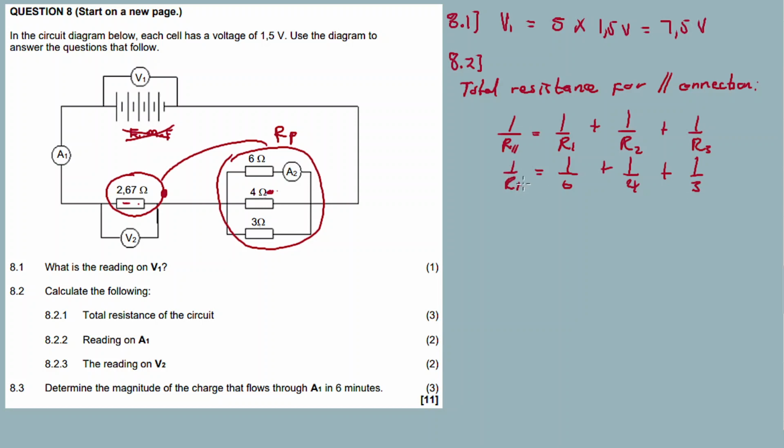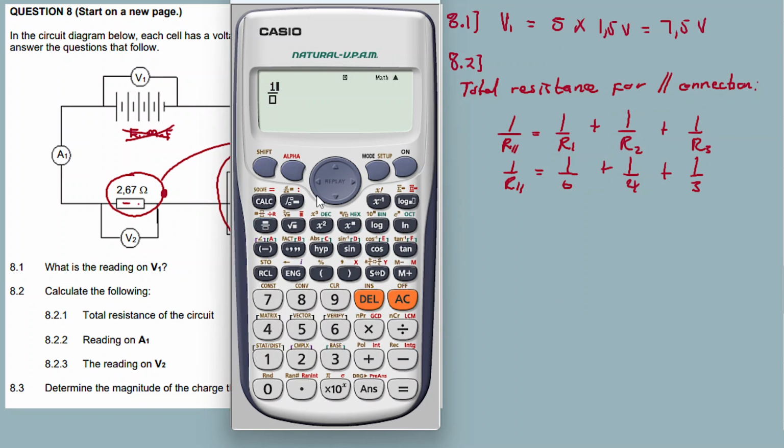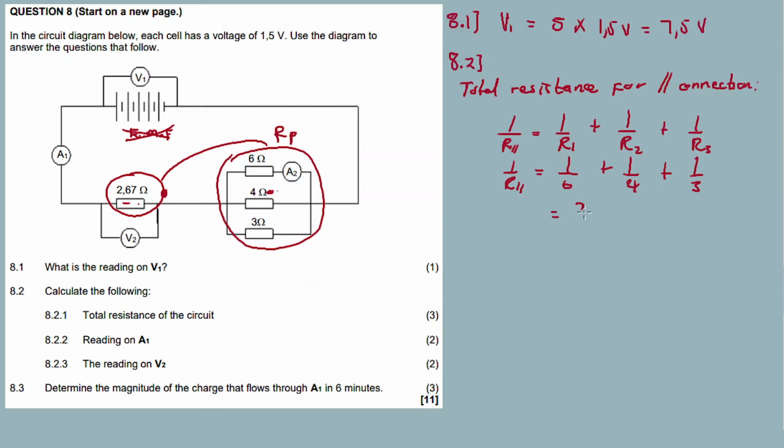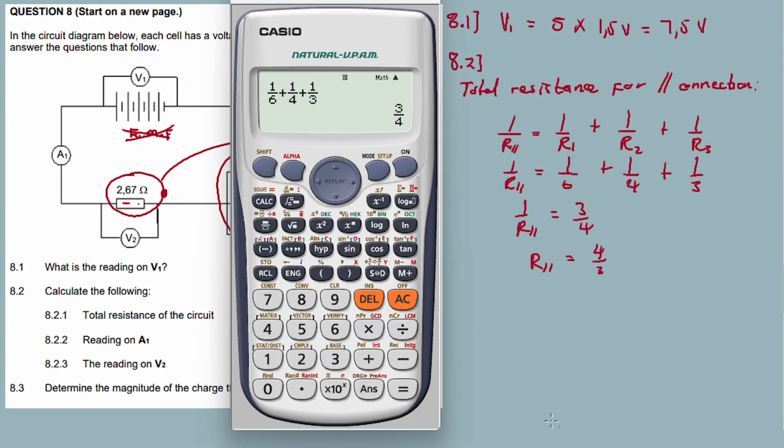The answer is 3 over 4, but this is not our final answer. So 1 over R parallel is equal to 3 over 4, R parallel is equal to 4 over 3. You just flip the fraction so that you get R parallel as the subject of your formula.